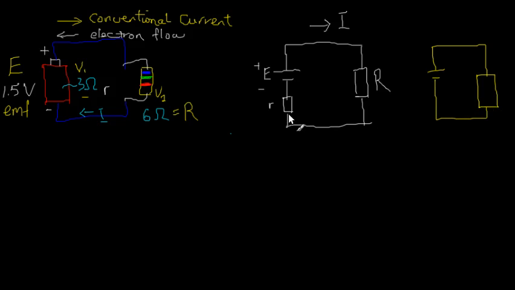Can I somehow find a resistor, which I call maybe RC, where C stands for combined, so that when I connect the same battery to it, same EMF, I get the same current?